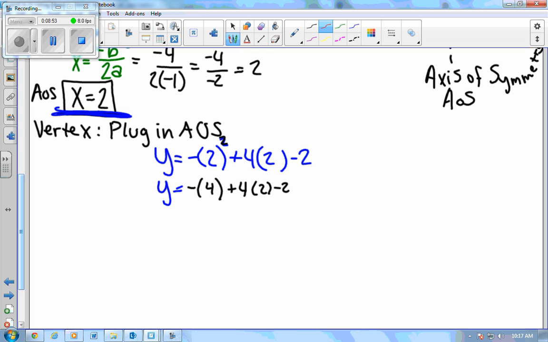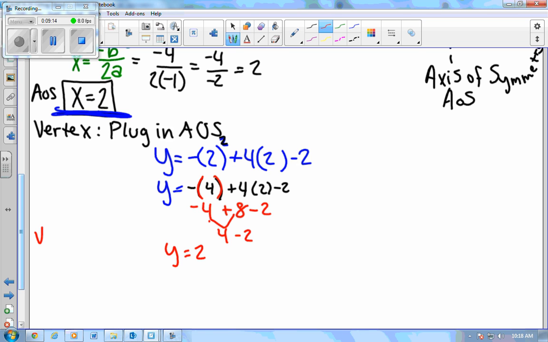Then we do multiplication. Negative 4, because this is technically times a negative 1, plus 8 minus 2. And then you add and subtract left to right. Negative 4 plus 8 is 4. Minus 2 gives us y equals 2.